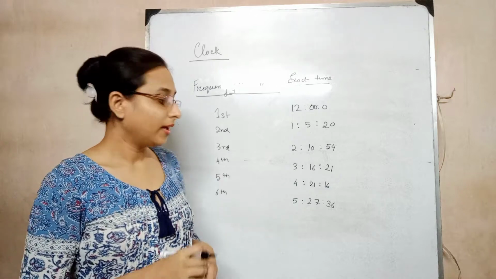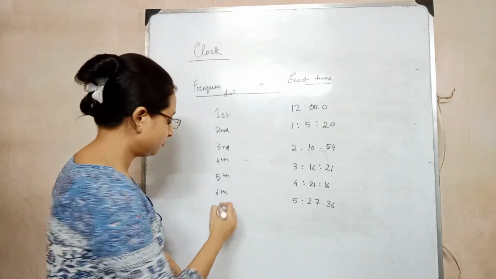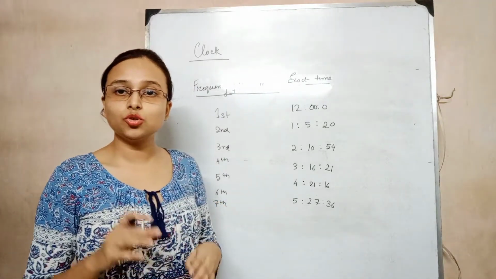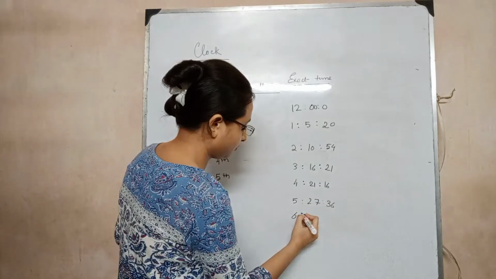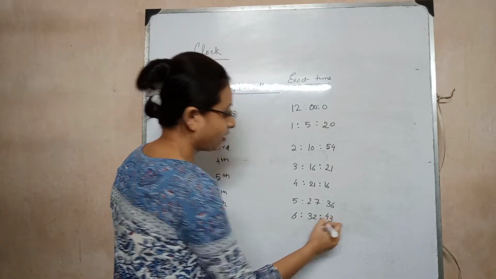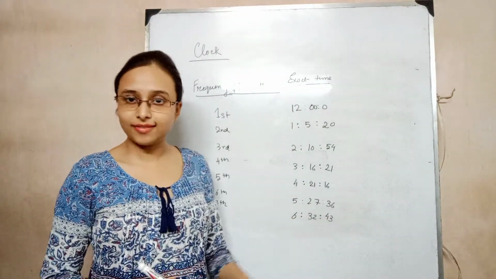The next one, the seventh collision, is at 6:32:43, that is 6 hours, 32 minutes and 43 seconds.